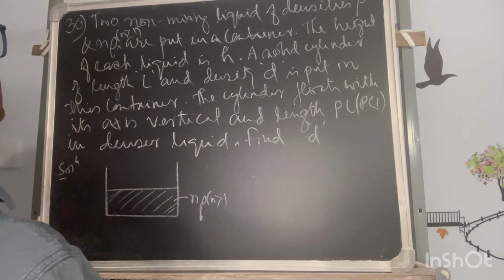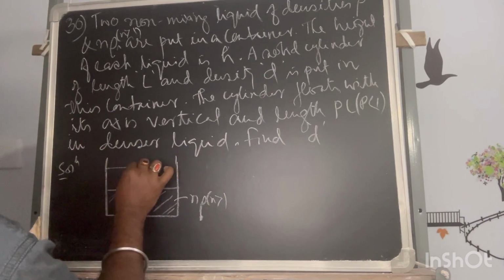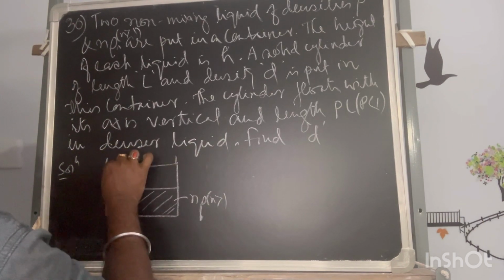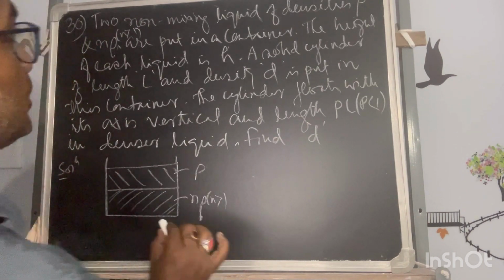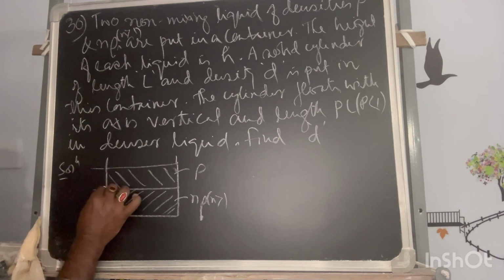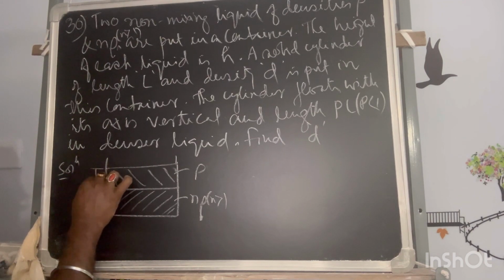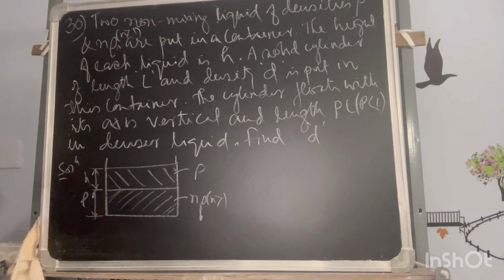This liquid is heavier, so it will be at the bottom, and the other liquid, having density rho, will be at the top. So that is understood. The height of each liquid is h. This is also given.